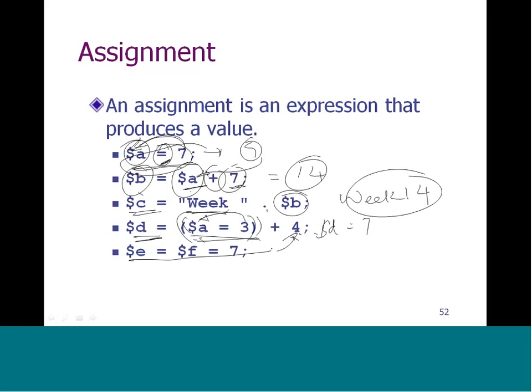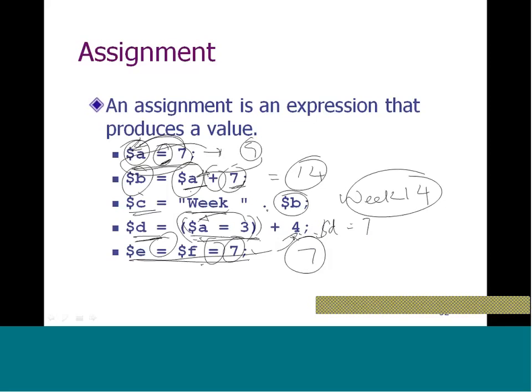Here it's a continuous assignment, where we assign to $F which is equal to 7, so both of them become 7. This is the way we can change the precedence.